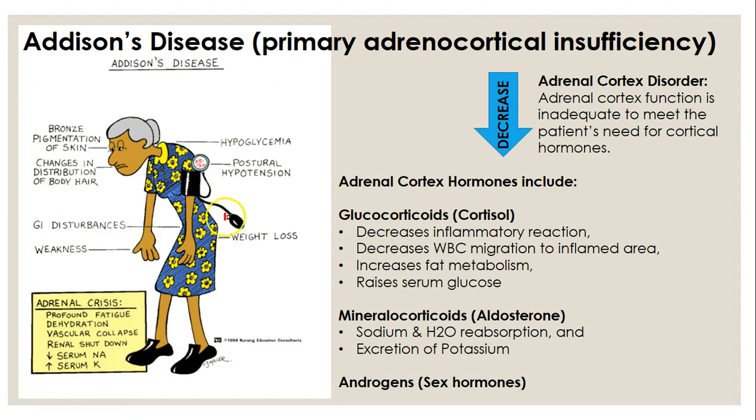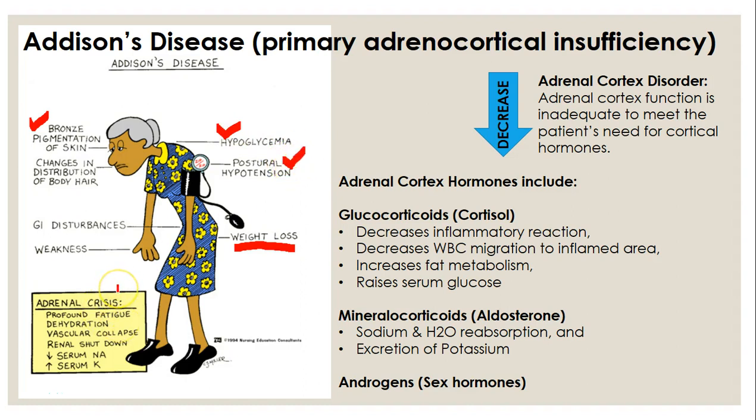And this picture here kind of goes over some of the signs and symptoms: weight loss, bronze pigmentation of the skin, change in the distribution of body hair, GI disturbances, hypoglycemia, and postural hypotension.